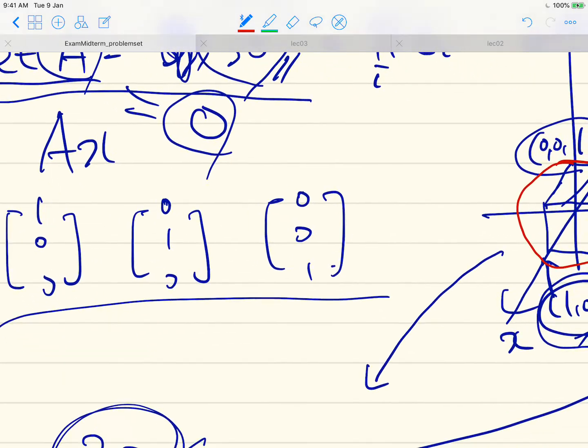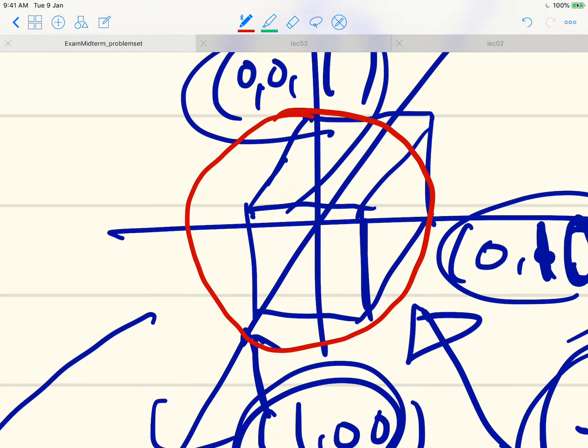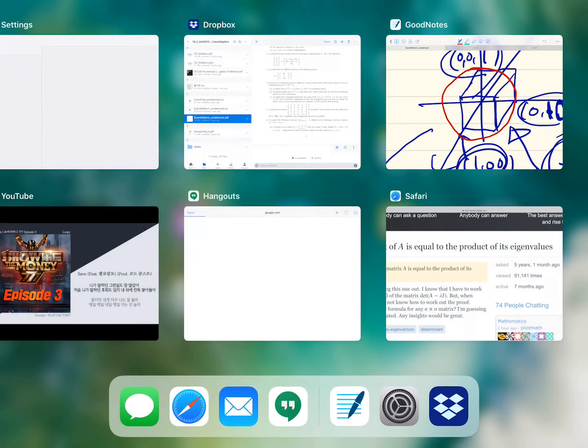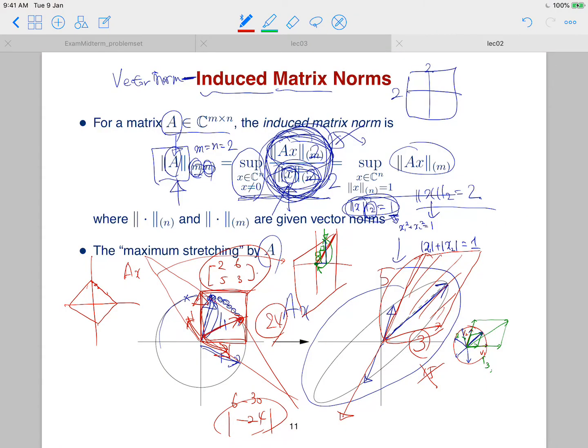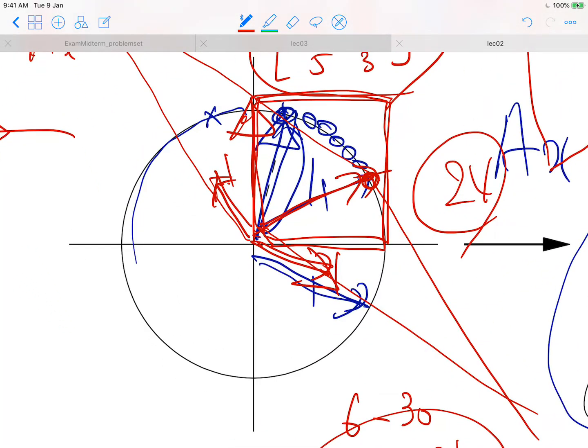Again, now we consider a unit sphere. Instead of using the whole unit sphere, we just choose two particular axes. The first one is this, and the second one is this.